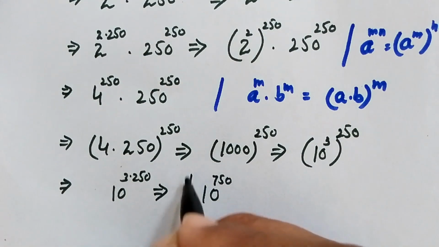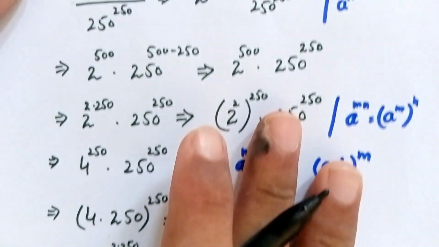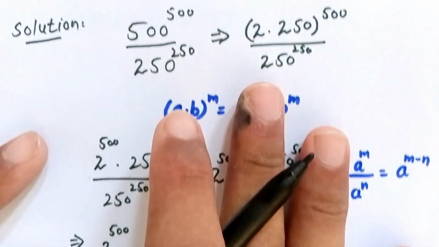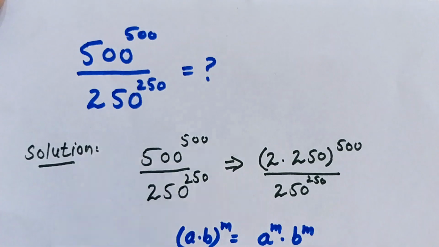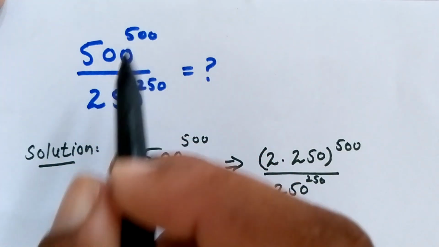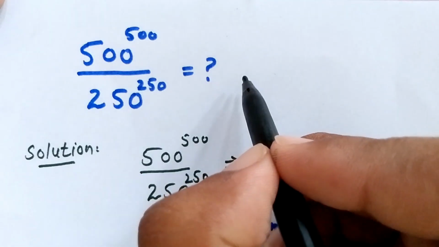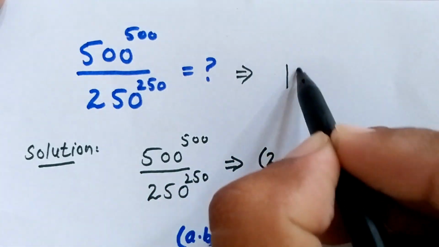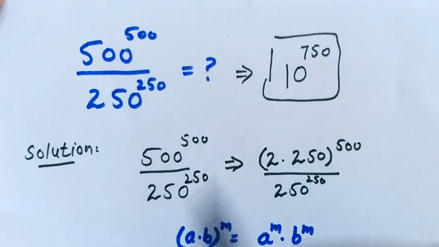So this is the final answer and the simplified form of 500 to the power of 500 divided by 250 to the power of 250. The answer of this question is 10 to the power of 750. Thank you for watching.